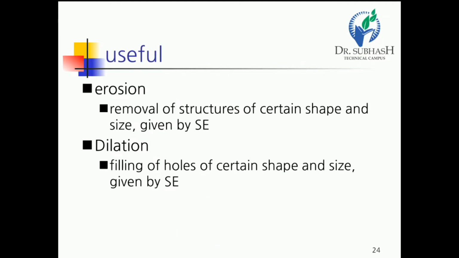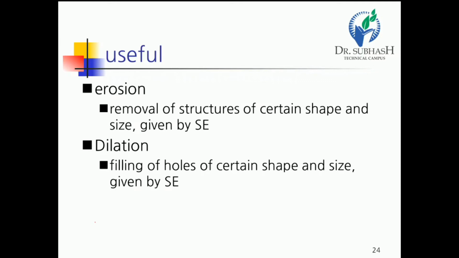Now we have to see an example of erosion using a different image as well as a different mathematical operation. Now we are concluding what erosion is and what dilation is. That is the basic component of morphological image processing. Erosion is nothing but the removal of structures of certain shape and size, given by the structuring element, and dilation is the filling of holes of certain shape and size, given by the structuring element, right?